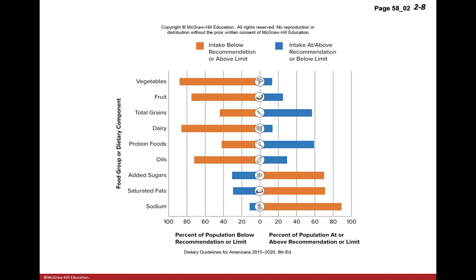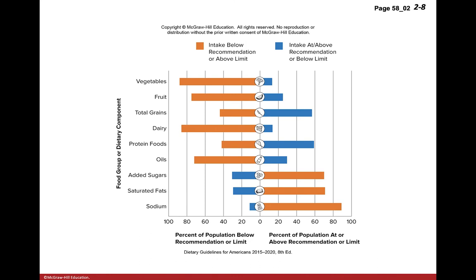So here we're looking at percent of population below recommendation or limit. Here we're looking at percent population at or above recommendation or limit. And if we're looking at the orange bars, that's going to be the intake below recommendation or above limit, and the blue is intake at or above. Okay, so that's kind of what we want to look at here.